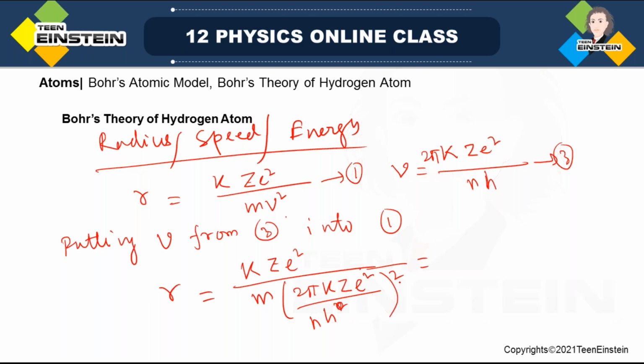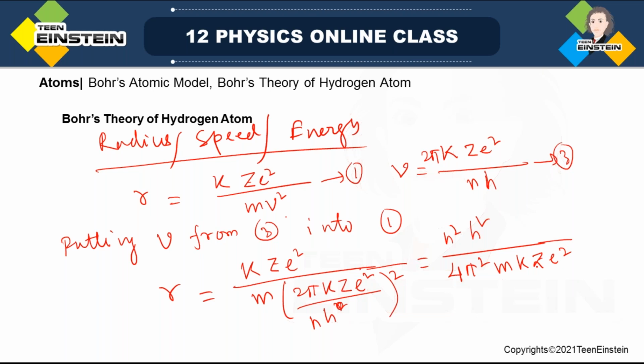If you simplify everything, you get n square h square in the numerator, and in the denominator you get 4 pi square m k z square.